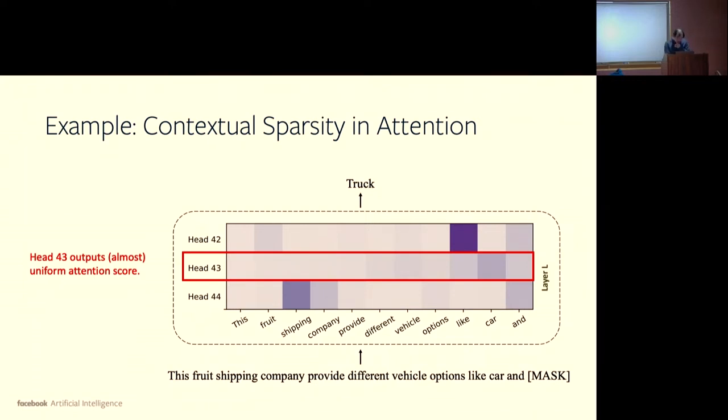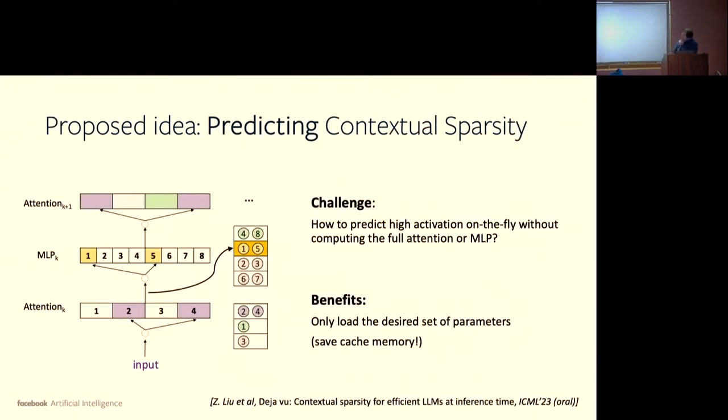How do you predict that? We learn a very simple predictor per layer, per head, and per activation, about which heads and which MLP intermediate activations should be activated. We use that to predict this contextual sparsity, and use it to make the forward pass faster.